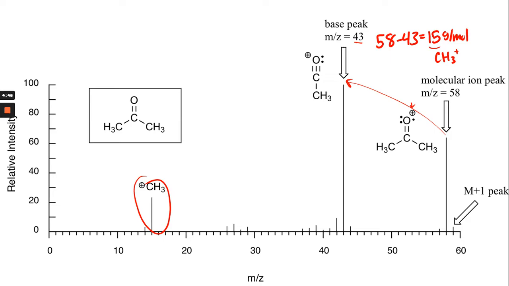So just by looking at how much mass was lost, we can understand what was grouped together in one piece. Now these extra lines down here that are really close to the axis, so they don't have a lot of relative intensity, that's called background noise. So we don't tend to focus on every single line, we just focus on the biggest lines.